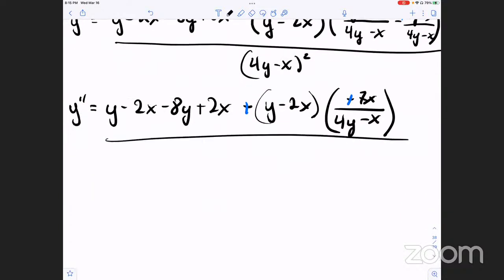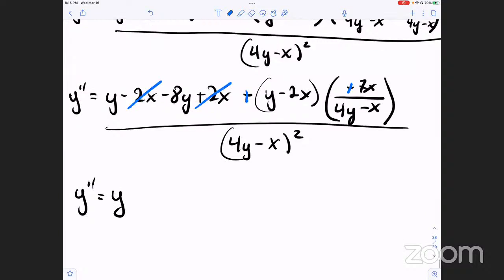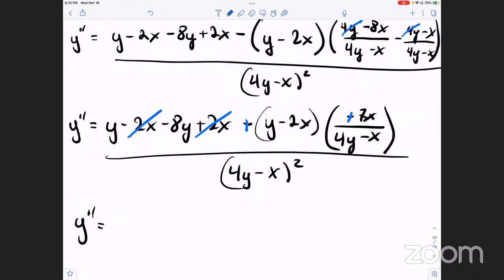Oh, and this is still over. Okay. Let's keep going. So then this just comes down. Can any of these combine? Oh, these two cancel. Negative 2x is canceled by that. Let's go ahead and address this guy as well. So then y minus 8y is a negative 7y.